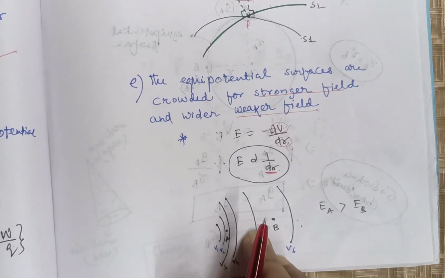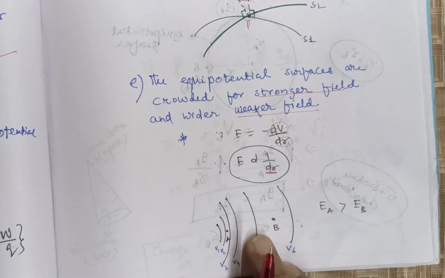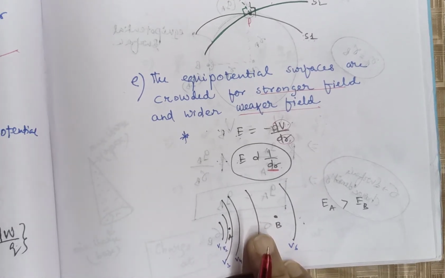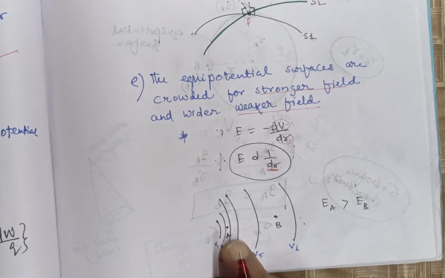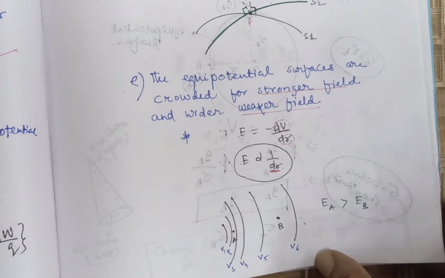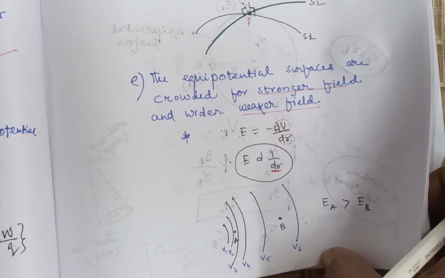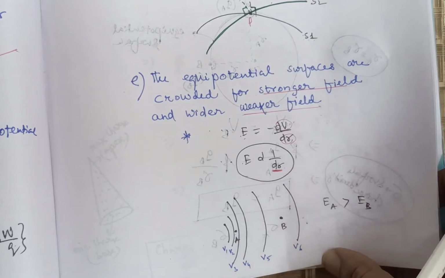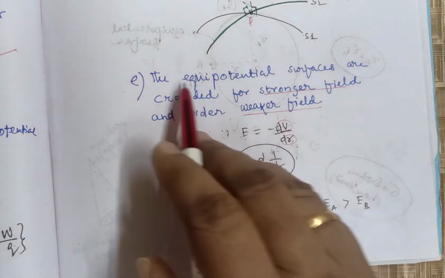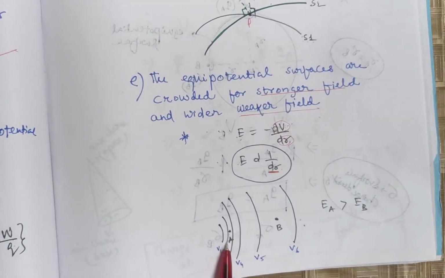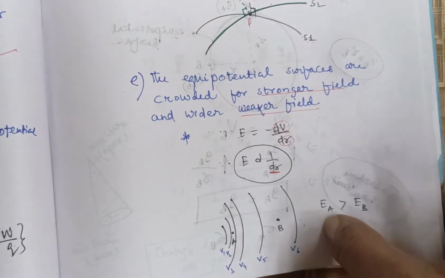Similar properties we have also discussed in electric lines of force. Electric lines of force are crowded for stronger electric field and also wider apart for weaker field. The same situation arises here. The equipotential surfaces are crowded for stronger electric field and wider apart for weaker electric field.